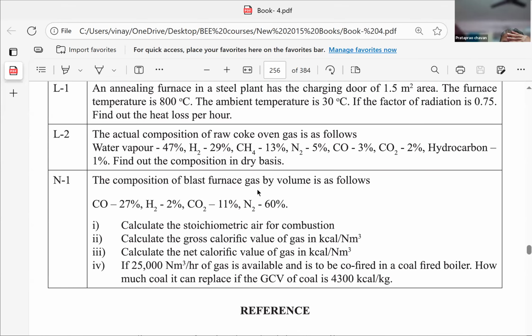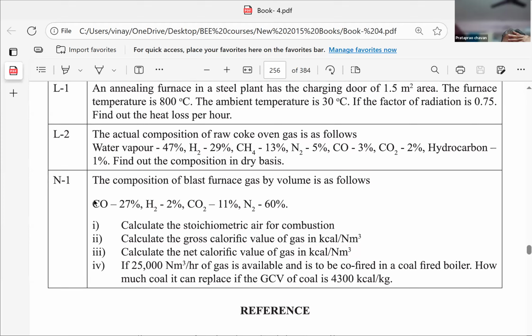The composition of blast furnace gas by volume: CO, carbon monoxide, hydrogen, carbon dioxide, and nitrogen. This is the composition. Now, presence of CO indicates what? Incomplete combustion, isn't it? We know that.